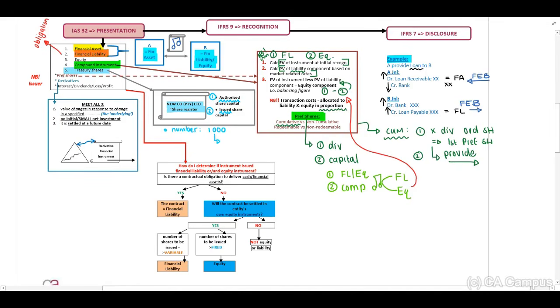Therefore, for example, if we issue 100 shares, our journal entry will be to debit bank and credit our share capital with 100. Okay. Guys, do you see our authorized shares balance will now be 900.